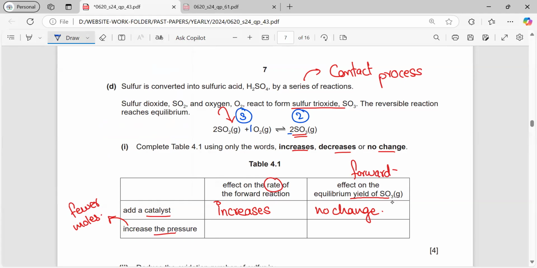So the system will move forward and the yield of sulfur trioxide will increase. And when we increase the pressure, the rate also increases, because the particles move closer together and they collide more, so they react faster.